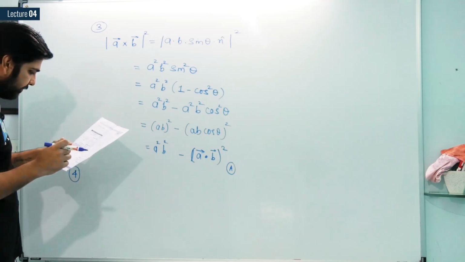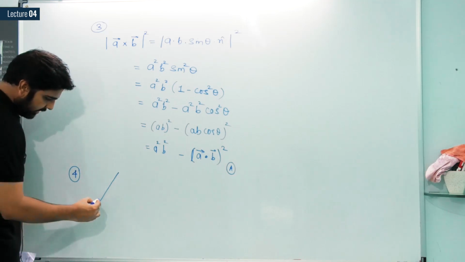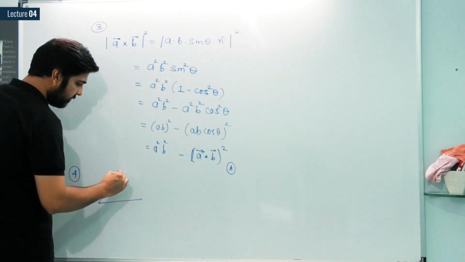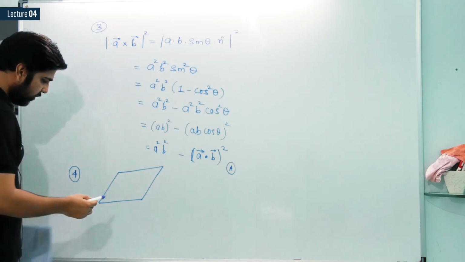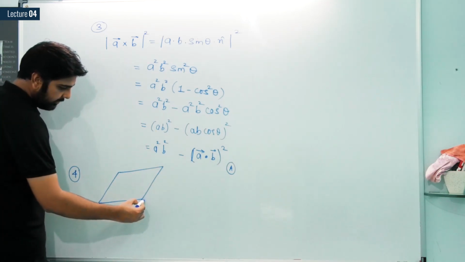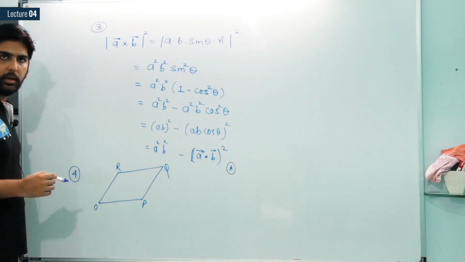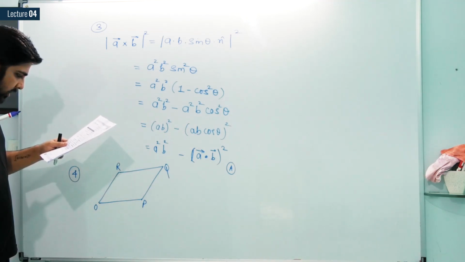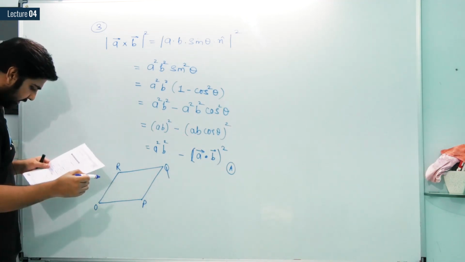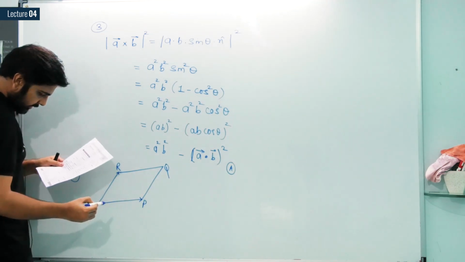For the parallelogram, we are given a parallelogram, dear students. So I am making the parallelogram OPQR. Here it is O, then P, then Q, then R, right? In the parallelogram, OP and OR, these are the two vectors.